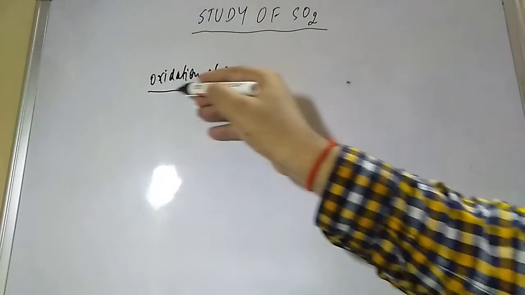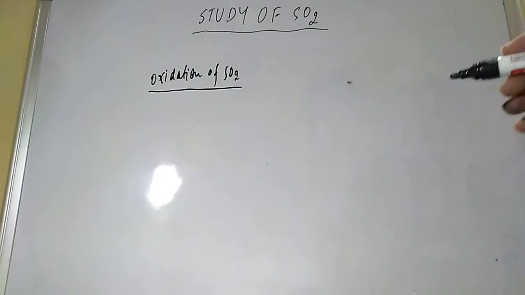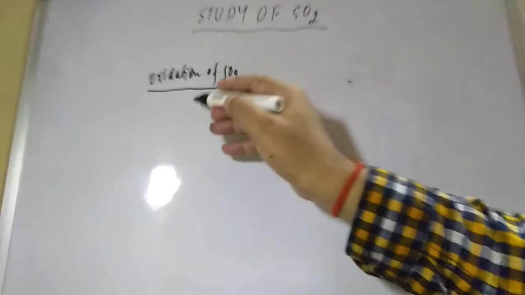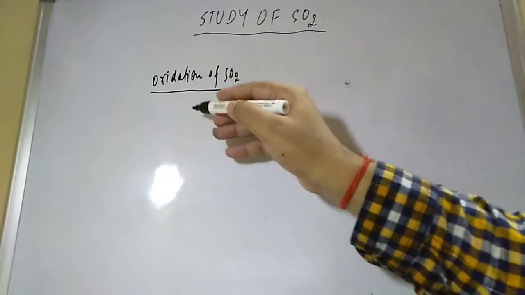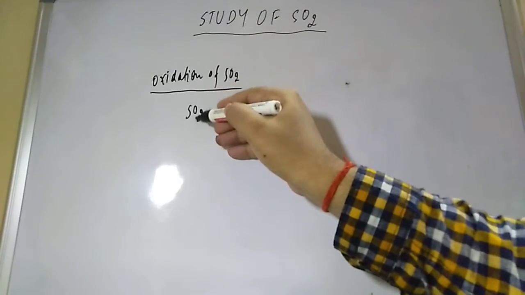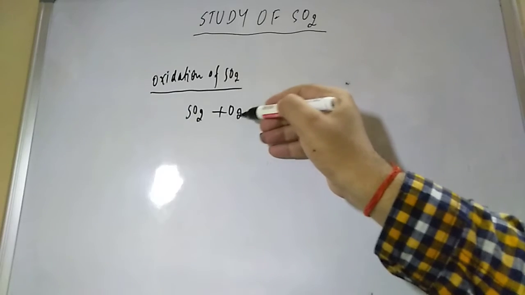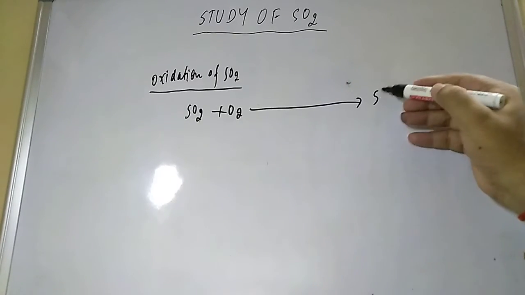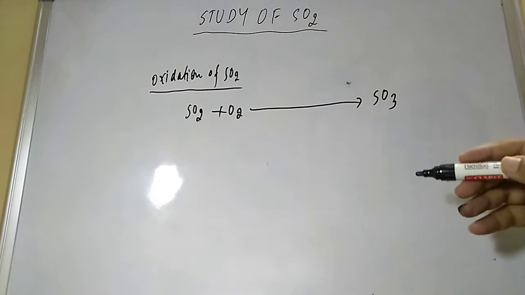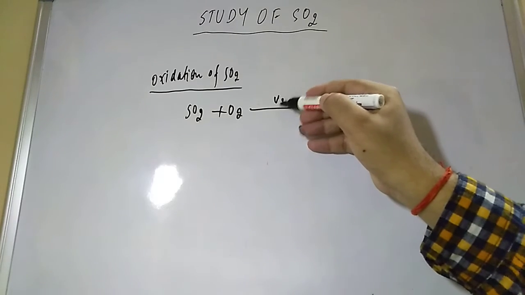So this is the oxidation of SO2. We can write here: you take SO2 and then O2, and it will give SO3. This reaction is also used in the contact process.